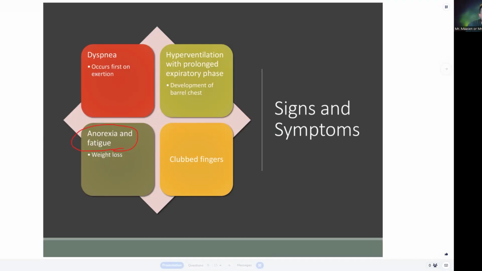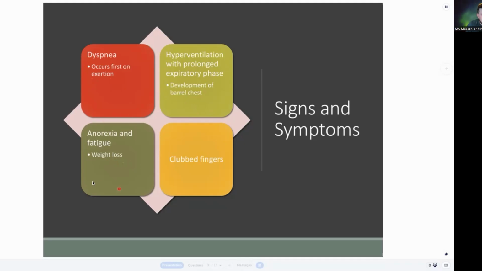Signs and symptoms for both emphysema and chronic bronchitis are somewhat similar, but there are some differences. They're going to have dyspnea, specifically more on exertion. Barrel chest.